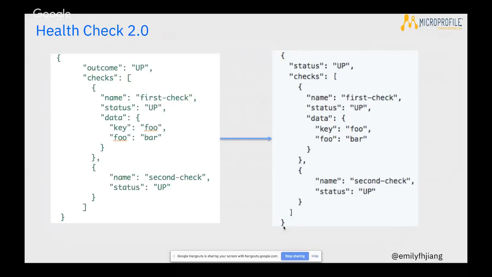Currently the payload you see is outcome: up, which is quite odd. In some other programming models, the payload most used is called status. So we want to change outcome to status, to make sure microservices designed using MicroProfile can interact well with microservices written in other languages, for example Node.js, etc.